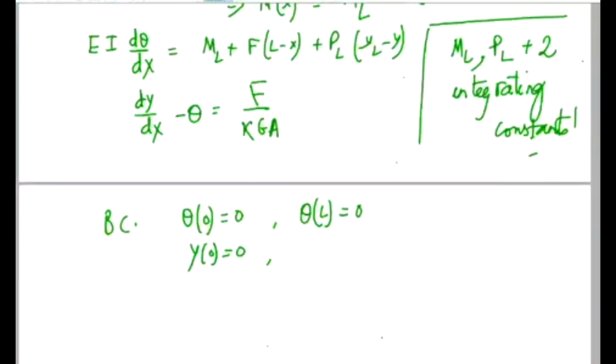It's because we are not modeling axial deformation of the beam here. Although we have axial force, we are not modeling axial deformation of the beam. If we also had axial displacement as an unknown, then we could have written that the axial displacement, let's call it U, at L is equal to 0, because that end is not allowed to displace axially, right?